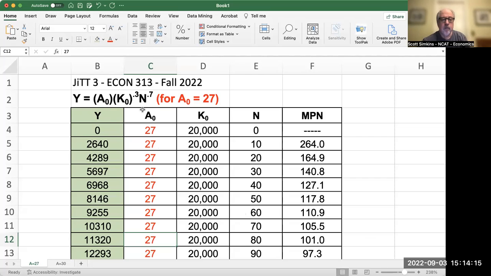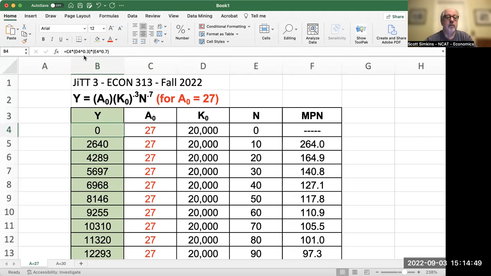And if we use this formula, this is what it looks like up here as a formula. So use the tools that you learned back in Econ 206 and other courses that you've taken to simplify your life. If you put that formula in this cell and use the cells as we have up here, C4 is the A term.